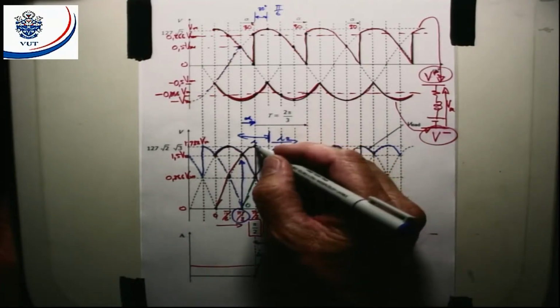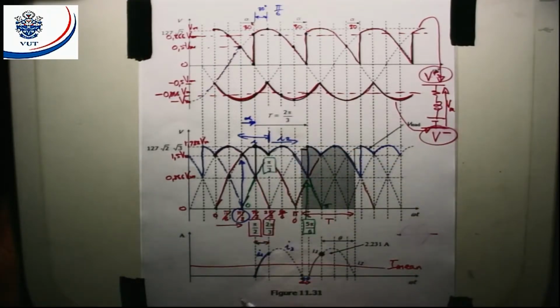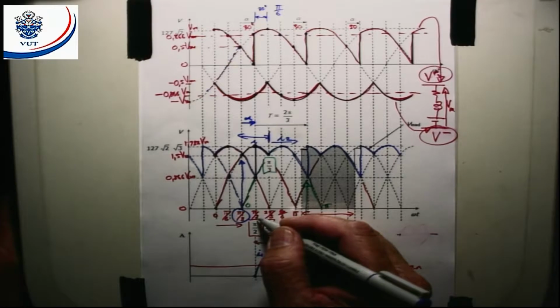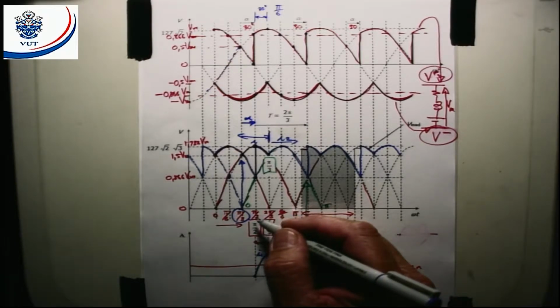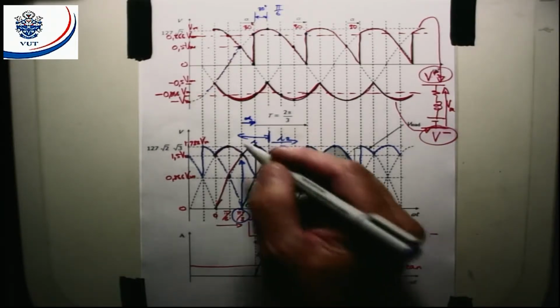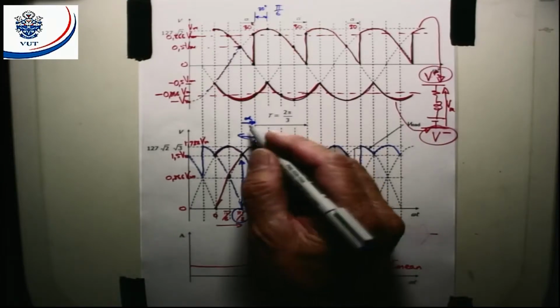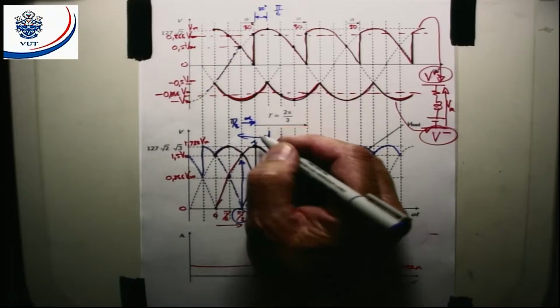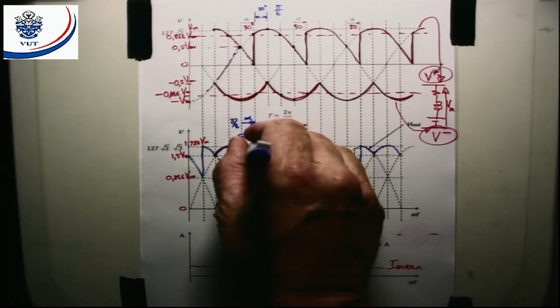So if I want to define that point there, then it's either going to be pi over 2, but if I want it to be generic, then I must say it is pi over 3 plus alpha. Pi over 3 plus alpha is going to give me that point there.